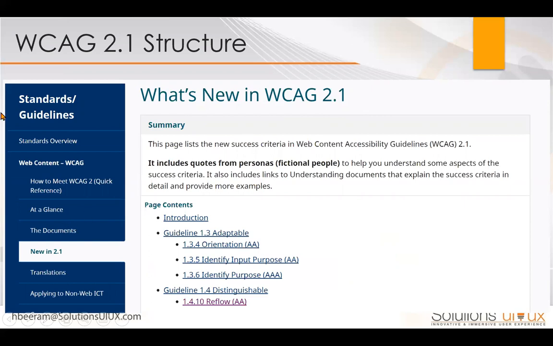So once you start looking into there, what's new in 2.1 and all of those guidelines. So this is where you will find all of those 78 criteria, 13 guidelines, and all of those guidelines are following that POUR principles, right?